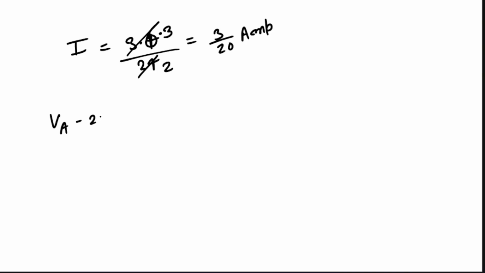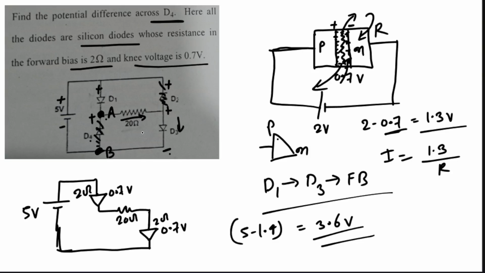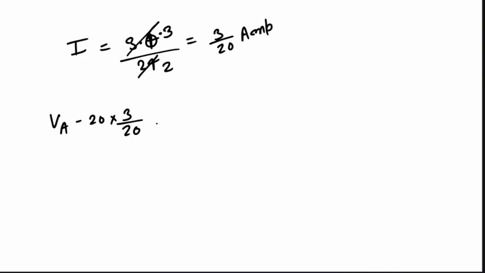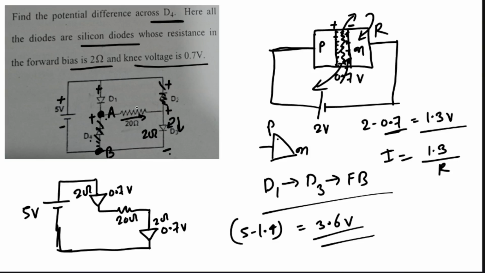So VA minus 20 into 3 by 20, and then what you are left with here, इसके across क्या होगा, इसका resistance क्या है, 2 ohm, and remember 0.7 volt इस पे already drop हुआ है in order to let conduction happen, so that you will be counting. ओके, so 0.7 minus 0.7 सबसे पहले आप करो, ठीक है, and then minus IR. I is how much, I is your 3 by 20 into 2, so this is this, and this is equal to VB, because after having traveled through this one you are reaching B. So A से start होके जो भी potential drop हुआ, that drop when added to A will give us potential at B. So इसलिए मैंने ऐसा लिखा.